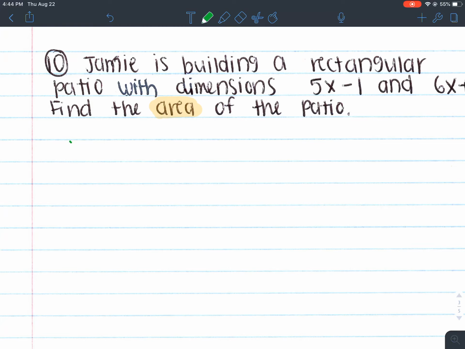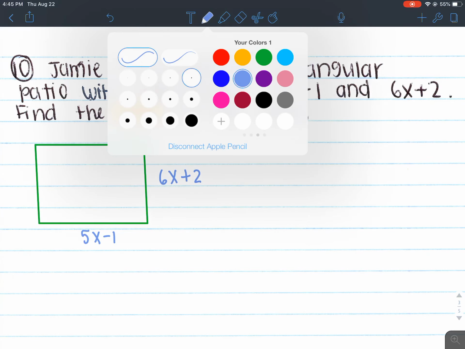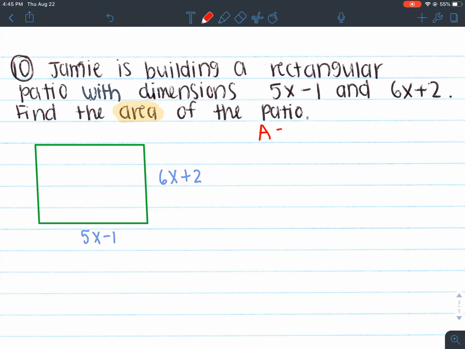So let's draw a picture here. I have a rectangle. Oh, that wasn't a straight line, I don't think. All right, so we have a rectangle. We're trying to build a patio and find the area. And we know the dimensions are 5x minus 1 and 6x plus 2. Well, how do I find the area of a rectangle? The area of a rectangle is length times width, right?